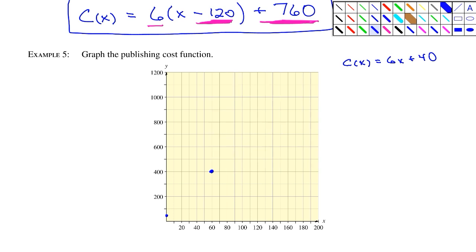And then 120 and 760. That right there. And there you go. There's your cost function.